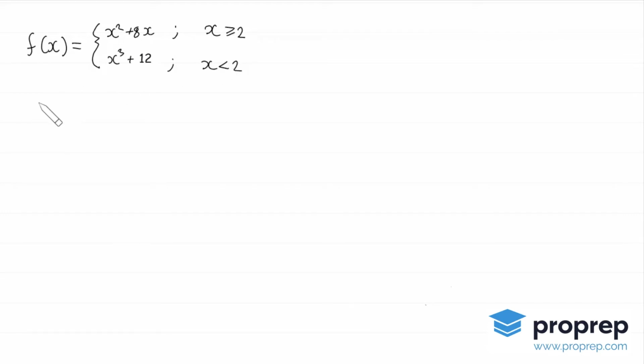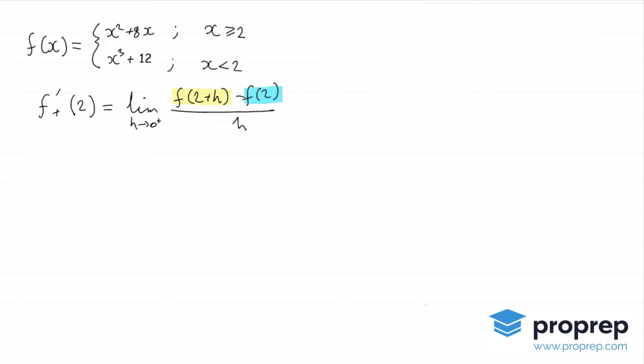So according to what I wrote, we first of all have to check the right derivative, which is called the derivative with a little plus here at the point 2, and this equals, according to the definition, the limit as h goes to 0 of f of 2 plus h minus f of 2 over h. h goes to 0 from the right, of course, and then we continue. This equals the limit as h goes to 0 again from the right.